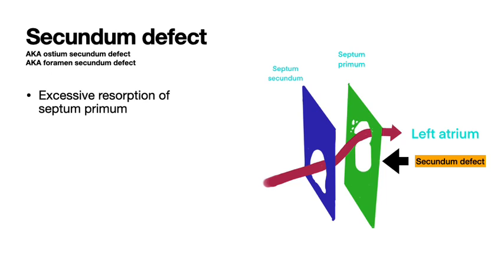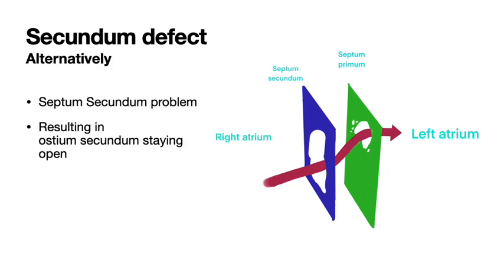So it can either be excessive reabsorption, so you can see that green window there, the ostium secundum, is super big. So that's one way you can have a secundum defect. But the other way is that the foramen ovale is super big.